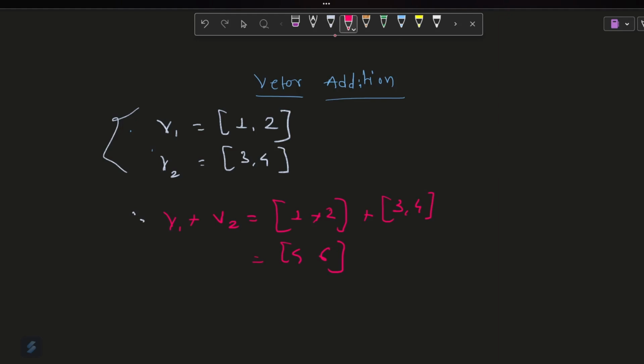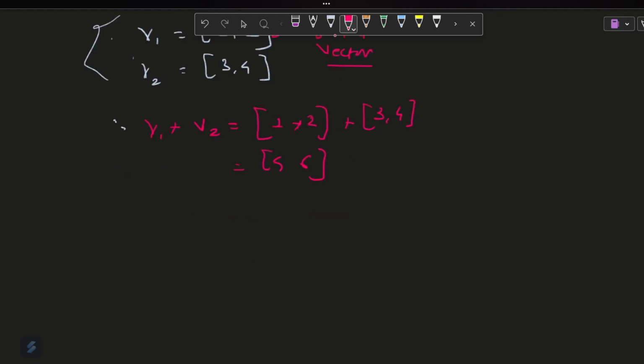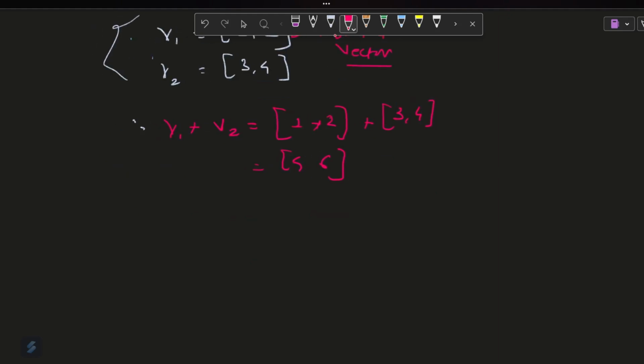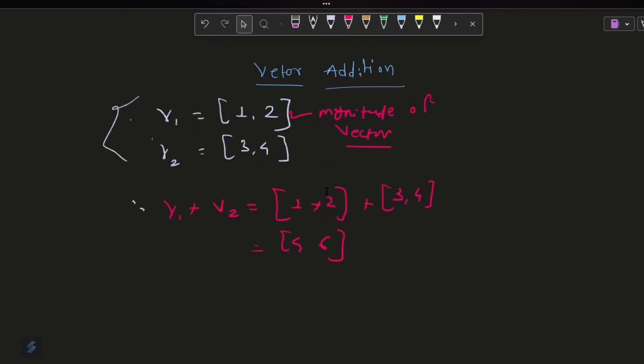And similarly, we calculate the magnitude of a vector. Calculating the magnitude of a vector is easy, right? In this video, we calculate the simple magnitude of a vector.